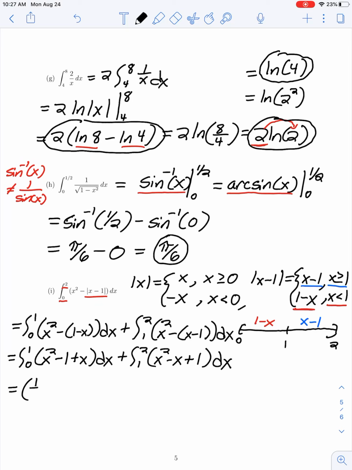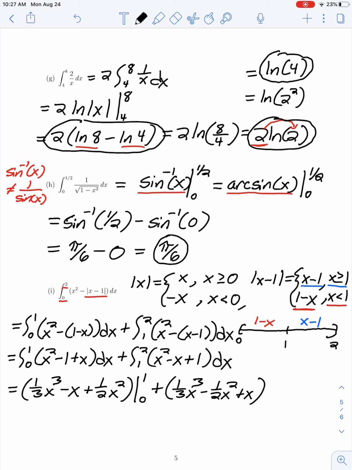For our first function, we have an antiderivative of 1/3 x cubed minus x plus 1/2 x squared. And this antiderivative we're evaluating from 0 to 1. And then we add, for the antiderivative of this second piece, 1/3 x cubed minus 1/2 x squared plus x, which we're evaluating from 1 to 2.